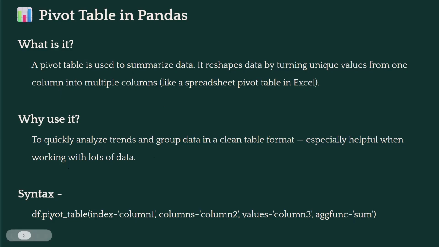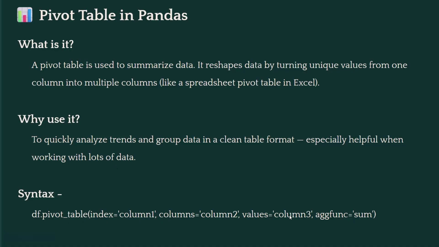So syntax is more important. If you know the syntax of pivot table, you can easily work with the table. You have to pass all these values. First you pass the index, which column is the index. Then the columns, whichever column you are creating. Then the values.